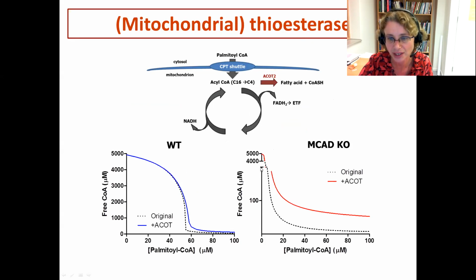You see the scale here. We start really dropping already at very low loading of the system. And you see that also the rescue by adding this enzyme, at least the rescue of our free coenzyme A, was much more prominent in this patient situation.